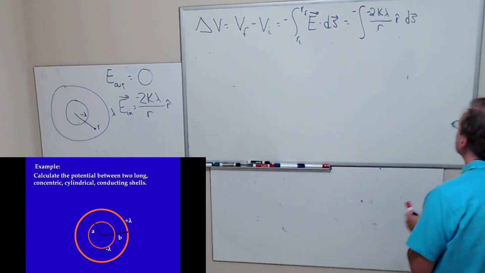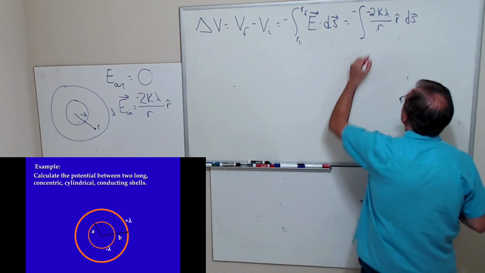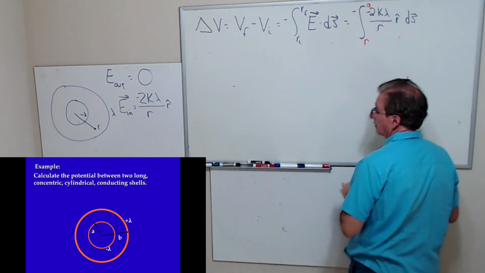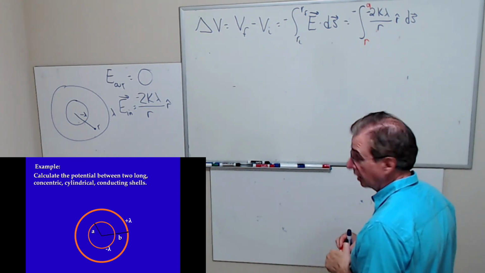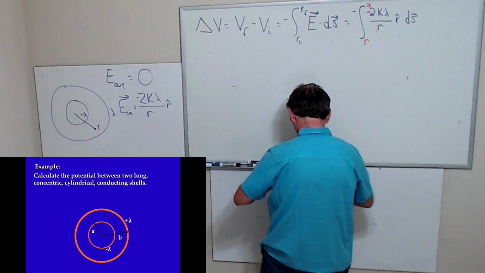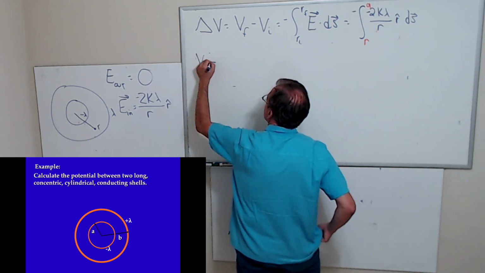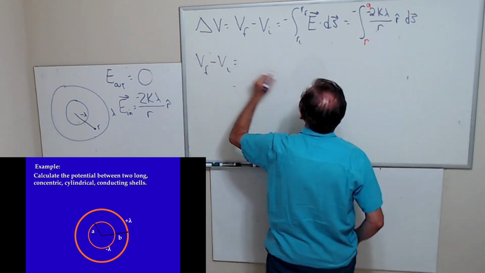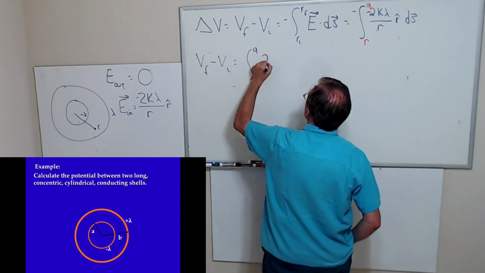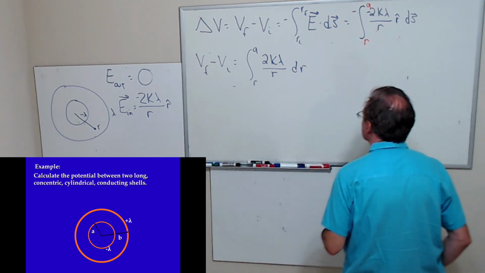Okay. So let's say I want to integrate from R to A. Then the final minus the initial is going to be the integral from R to A of 2k lambda over R dr. And this is going to be logarithmic.